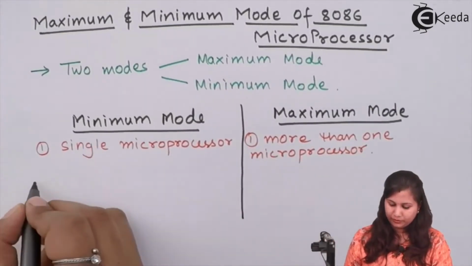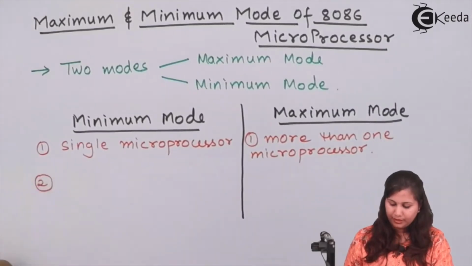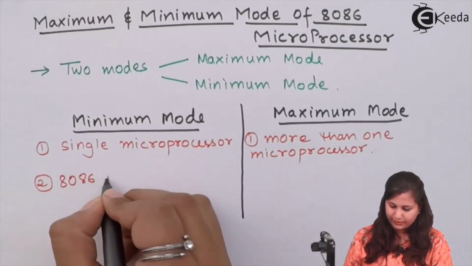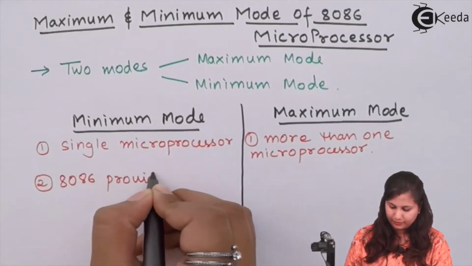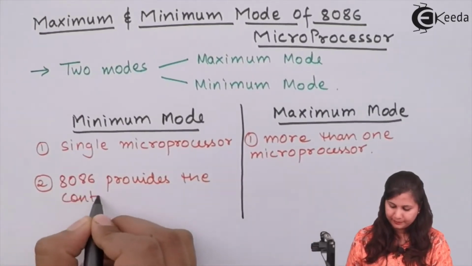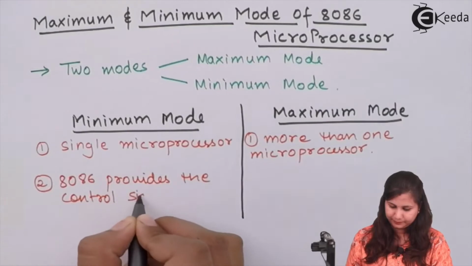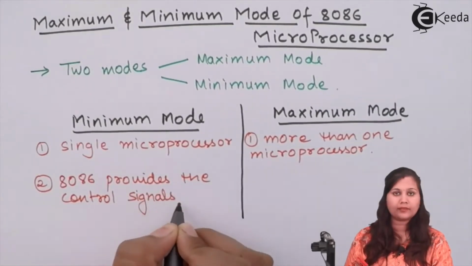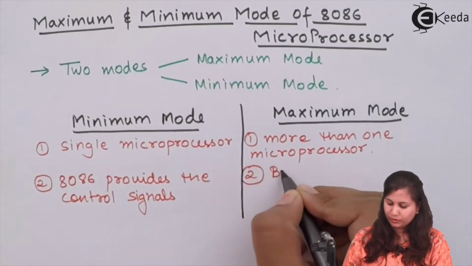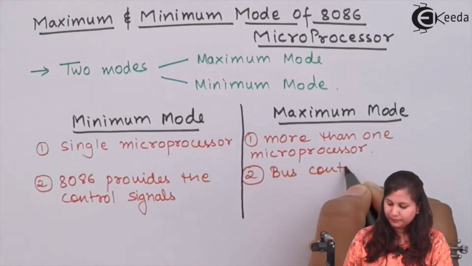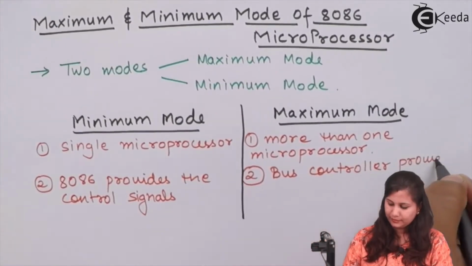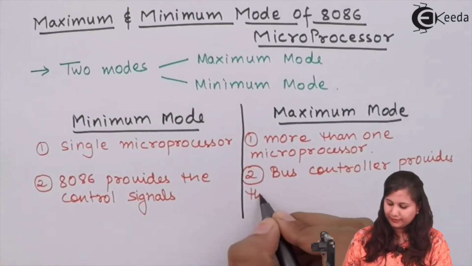In the minimum mode, the 8086 provides the control signals, whereas in the maximum mode, the bus controller provides the control signals.